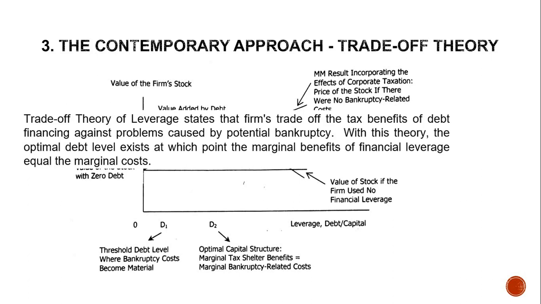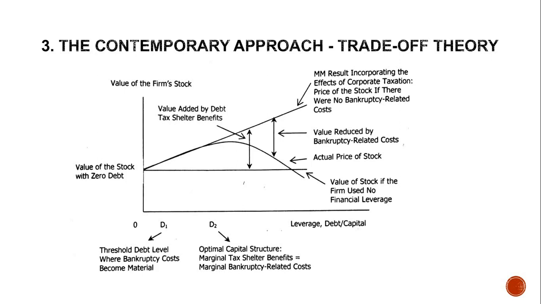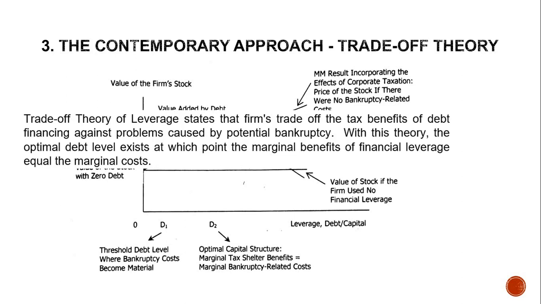So with the theory, the optimal debt level exists at which point the marginal benefit of financial leverage equals the marginal cost.